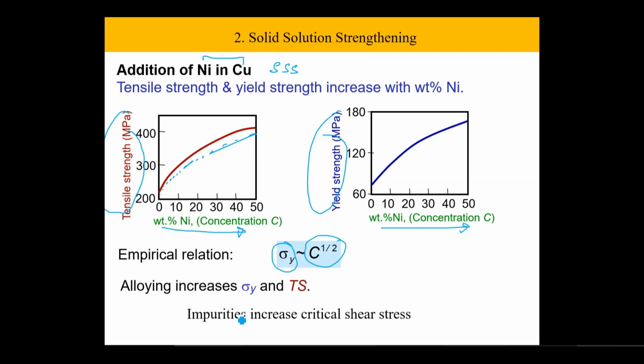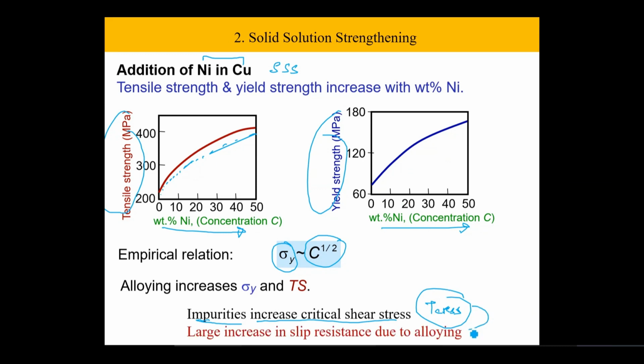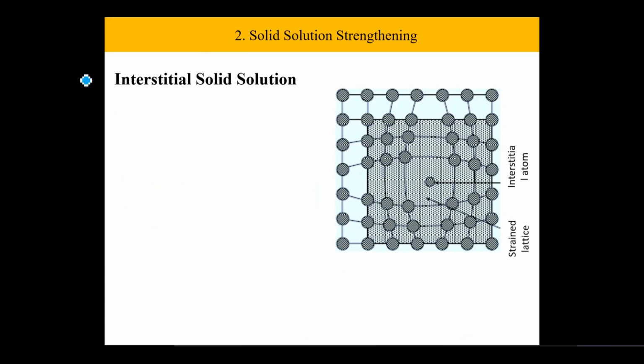The reason for increase is that impurities or the alloying elements increase the critical resolved shear stress value. So the critical resolved shear stress values increase, and this basically increases the resistance to the slip, thereby making plastic deformation difficult. The other is the interstitial solid solution.